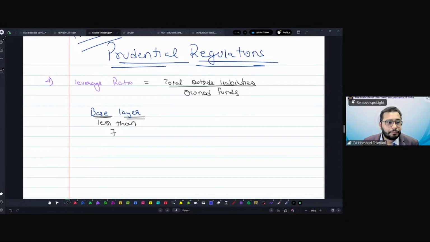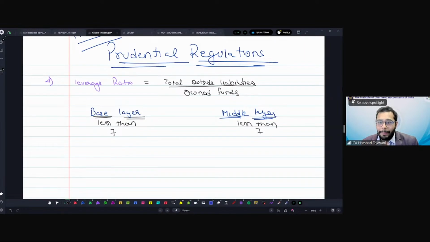For the middle layer, I'll just write, as of now, similar: less than 7.